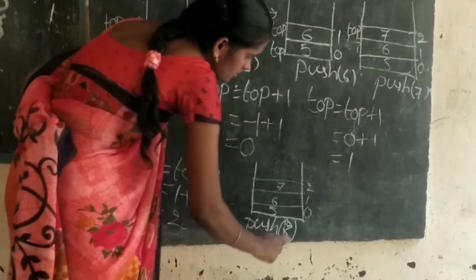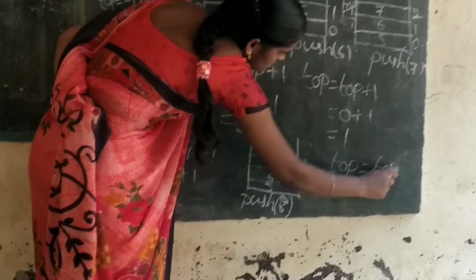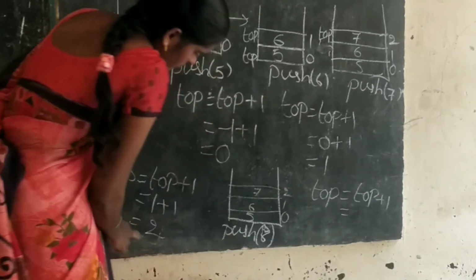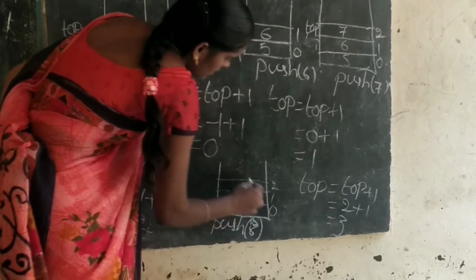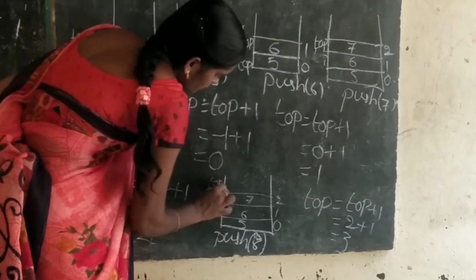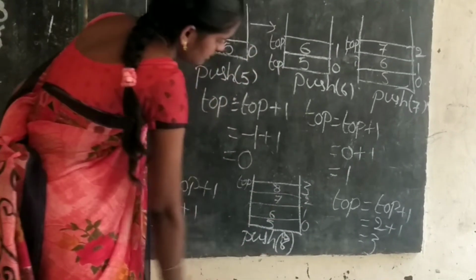Now find the top value. Top equal to top plus 1. Already the top value is 2, that means 2 plus 1 equal to 3. Here the top moves to 3. Now in 3 we have the element 8.